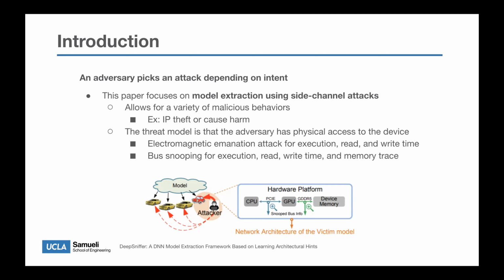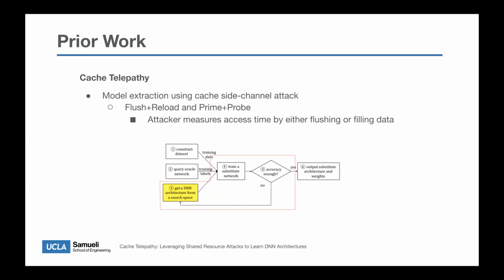There are two prior works that this paper mentions and compares against. The first one is called Cache Telepathy, and it's also a model extraction work that uses cache side channel attacks. The main attacks Cache Telepathy focuses on are Flush+Reload and Prime+Probe.